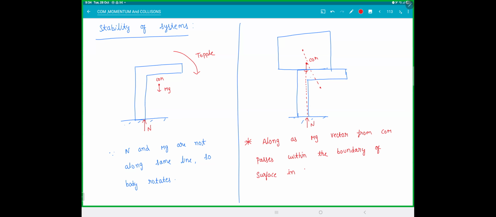So whichever area is in contact, as long as it passes within that boundary, the system will remain in equilibrium.